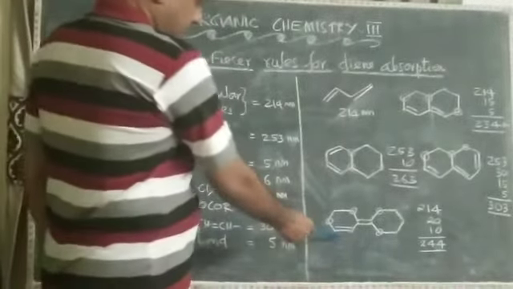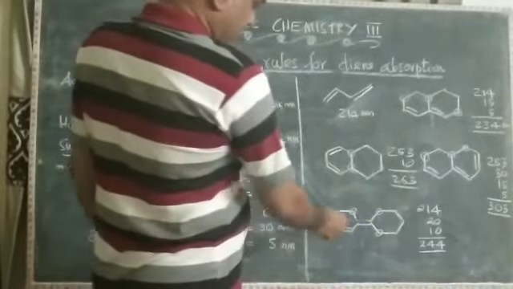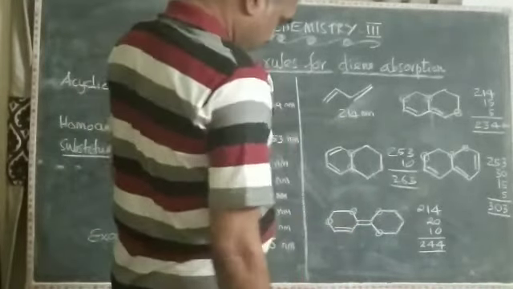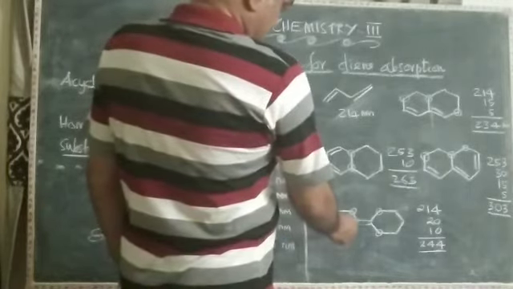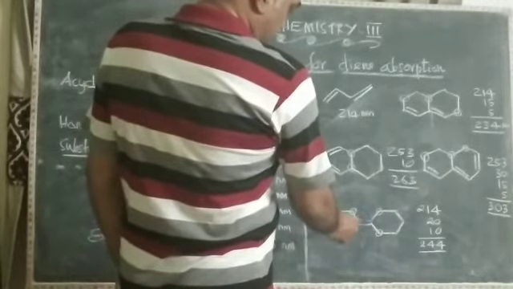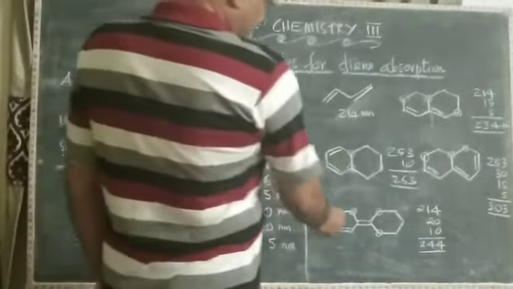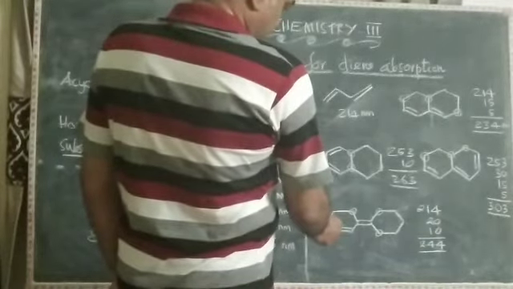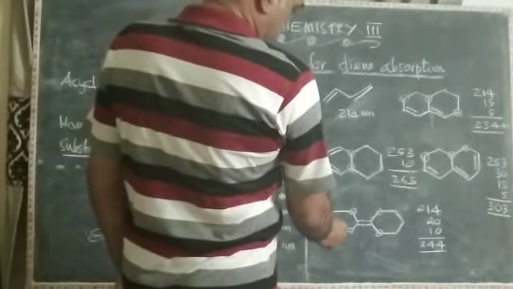Let us take finally this system. We find that there are two rings, but the two rings are connected by a double bond, which means the double bond is exocyclic to both the rings, and this system is again a 214 nanometer system.